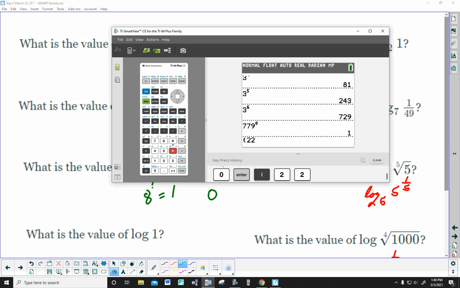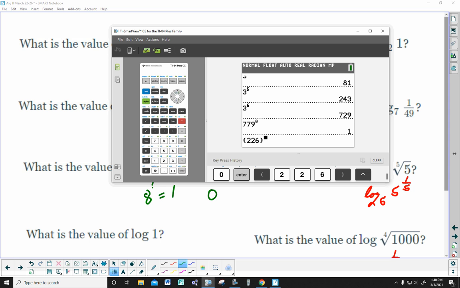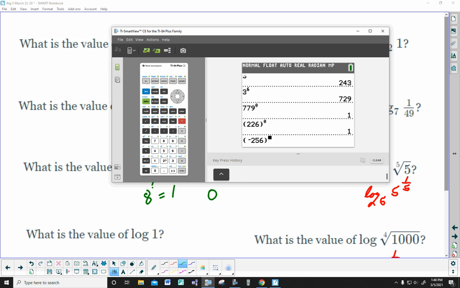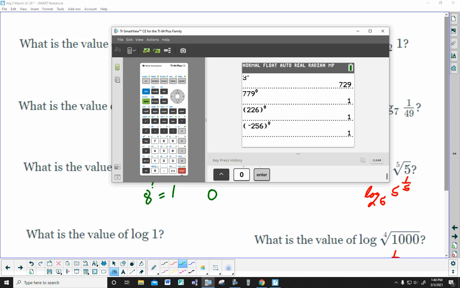Negative 256 raised to the 0 is 1. Okay? Anything raised to the 0 is 1.